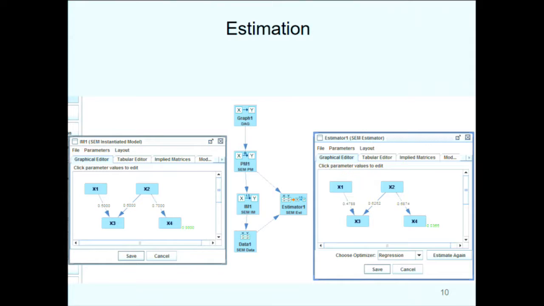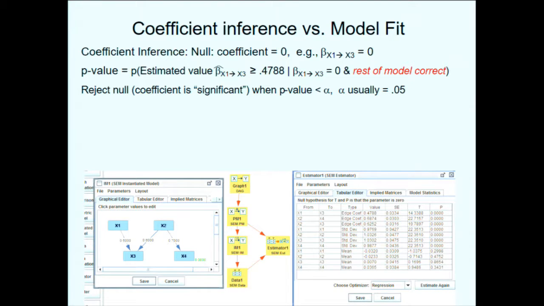Okay, so I showed you this, and then I showed you this. Now, up at the top, I'm going to talk a few minutes about coefficient versus model fit inference. So the coefficient inference, the null hypothesis is coefficient equals 0, right?